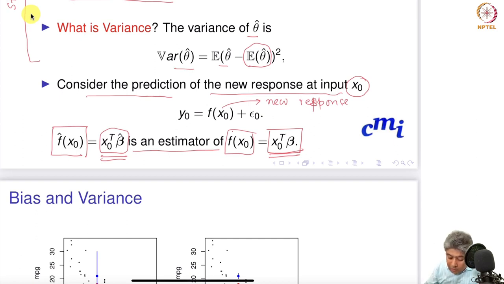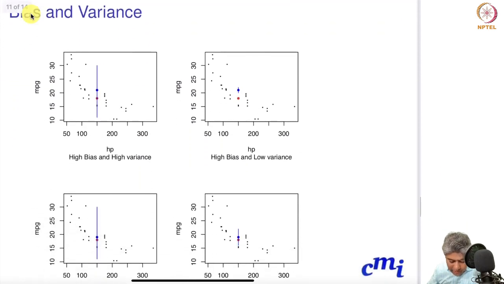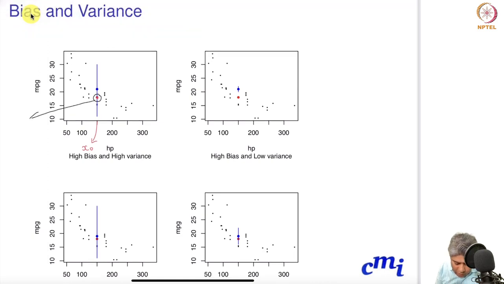Okay, now how do the bias and variance behave? Suppose this is the point for which you want to do the estimation. The true f of x0 is, suppose, here, this red point. This is the true value f of x0.